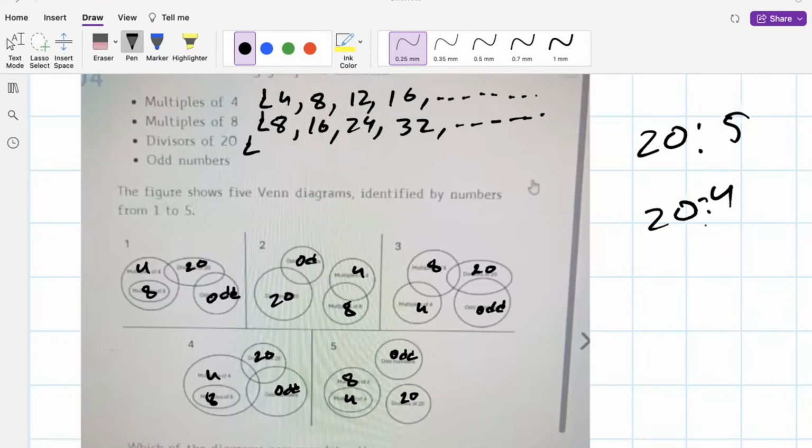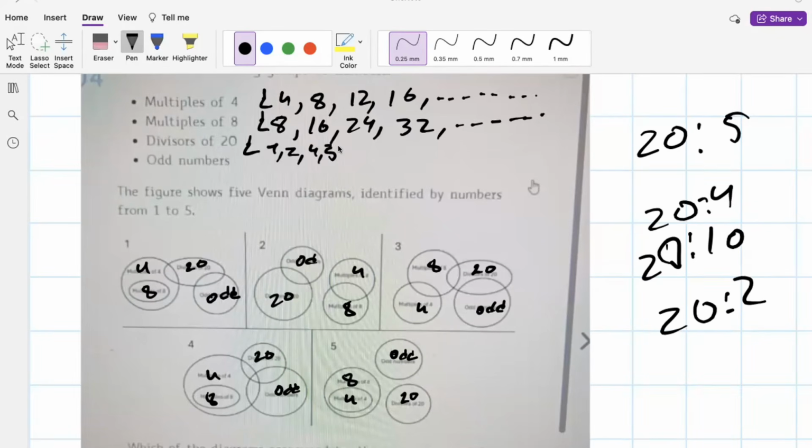For example, 20 is divisible by 5, by 4, by 10, by 2. Let me write 2. I think 1 as well, because 20 is divisible by 1. So you write 1, 2, 4, 5, and 10. These are the divisors of 20.